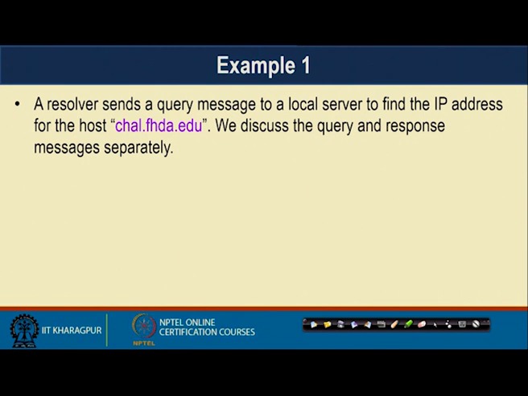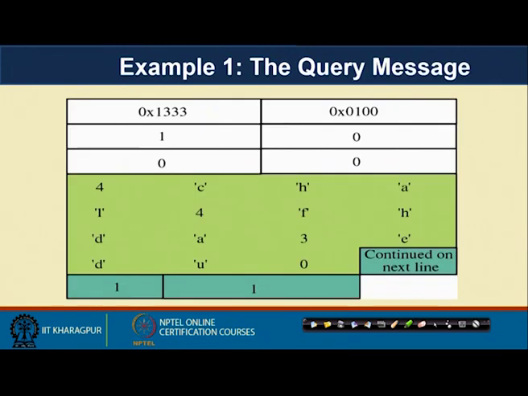So, let us see one or two examples. A resolver sends a query message to a local server to find the IP address of chal.fhda.edu. We discuss the query and response separately. This is the typical format where you see that it is encoded. These are the different fields.